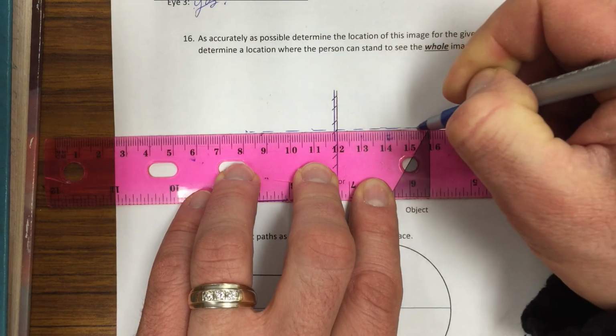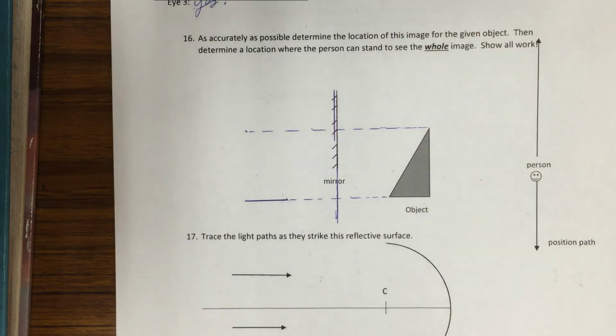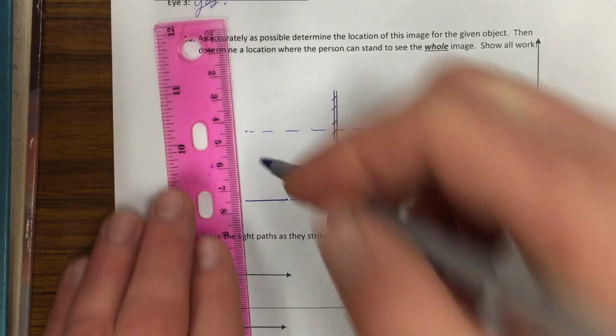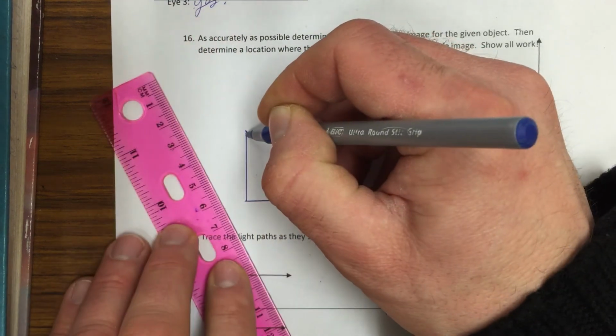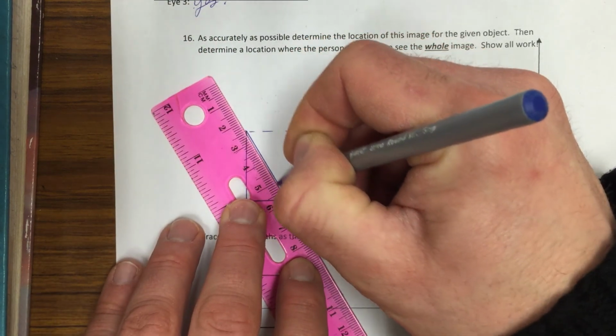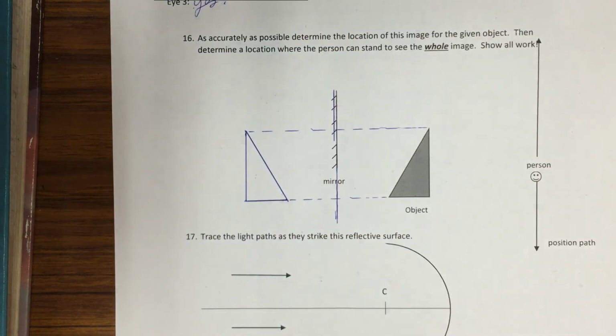We use those dashed lines to give us the perception of perpendicularity and whether the DOs and DIs are truly proportional. I can then connect this vertex to this point right here, and I connect this vertex to this point right here, and I have drawn in the image of the object. Notice it gives us the appearance that it is actually flipped or something, but in reality all it is doing is DO is equal to DI every single time.